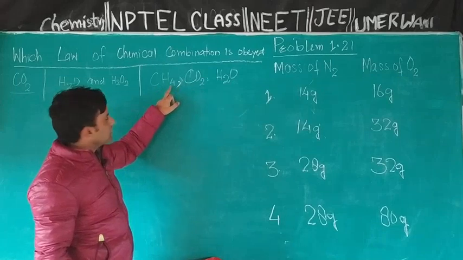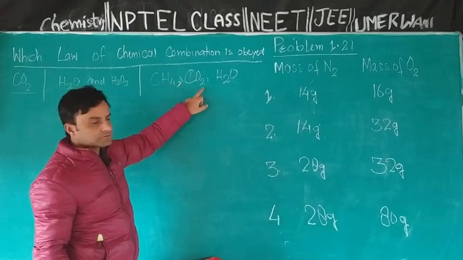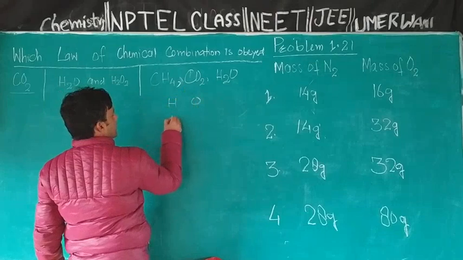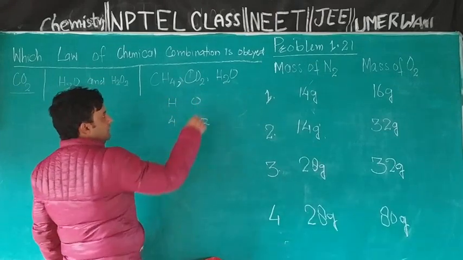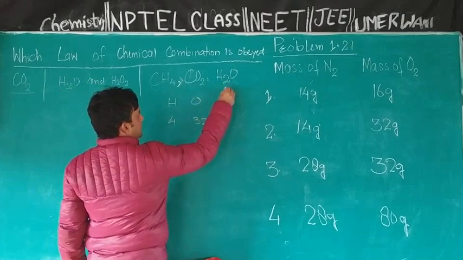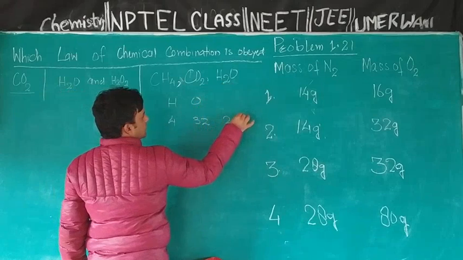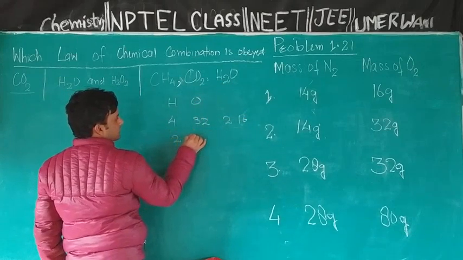The ratio of masses of hydrogen and oxygen here is 4:32. Now see, when these two elements, hydrogen and oxygen, combine with each other to form water, the ratio is 2:16. Here also the simplest ratio will come, 2:16.